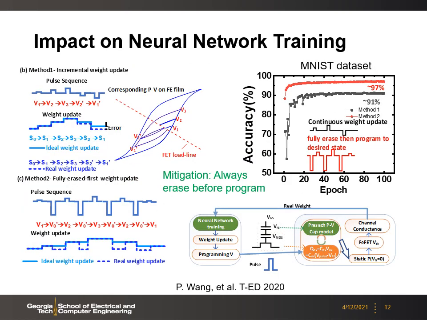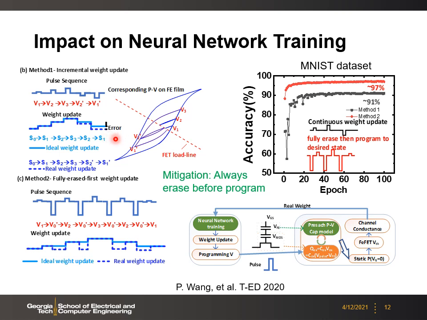The history effect may negatively impact the neural network training accuracy. This is because if we switch between the intermediate states, it's really hard to track the device's history. Therefore, it's almost impossible to design the voltage to accurately tune the device to the target conductance states. Therefore, we get errors in the weight updates.